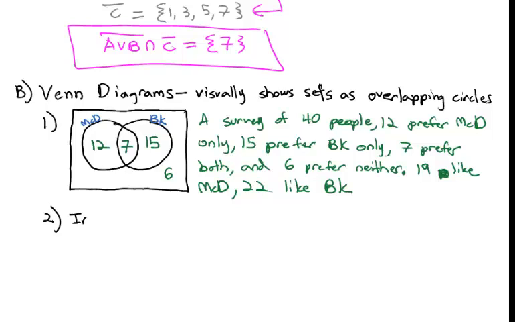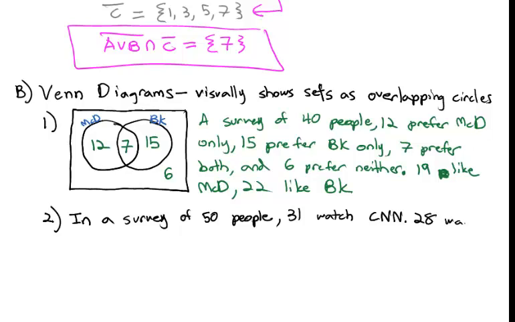So let's say in a survey of 50 people, 31 watch CNN, 28 watch Fox, and 18 watch both.